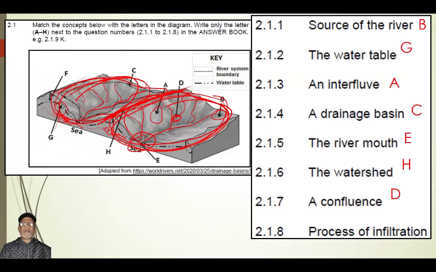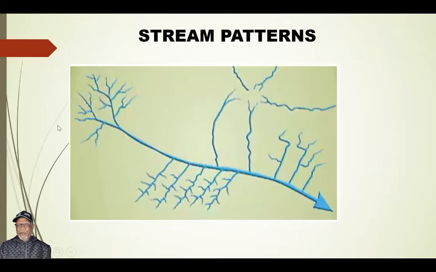So long as the streams are joining, that point is called a confluence. And what do we see here? We call it infiltration. The process of infiltration is the absorption of water by the surface. Hope we're fine with drainage basin.